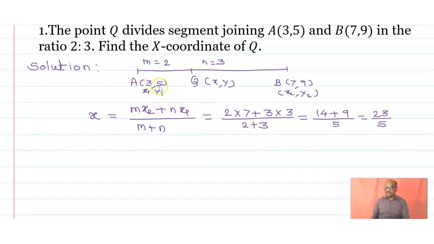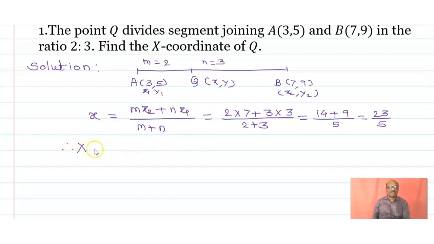Let us check once again. A is (3, 5) and B is (7, 9). We want to find out the x coordinate of Q. Means what? m x2 plus n x1, ratio 2 is to 3. Okay. Therefore m is 2. 2 into 7 plus 3 into 3. Okay. X coordinate, that is 9, 14. 14 plus 9 is 23 upon 5.